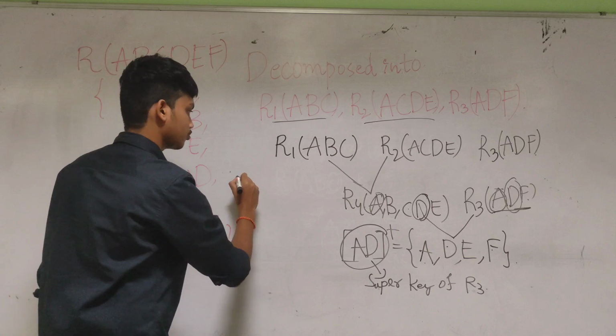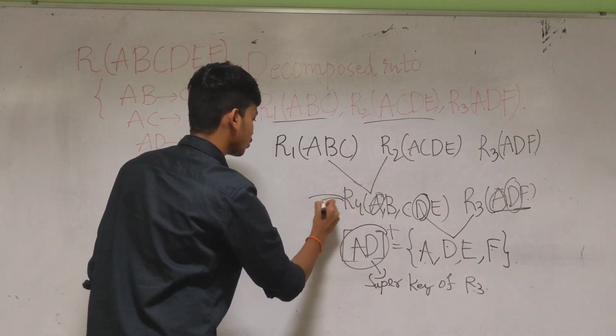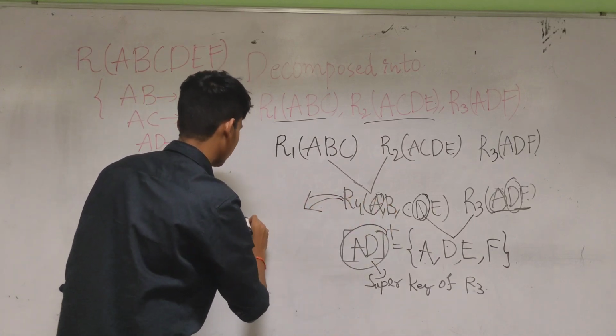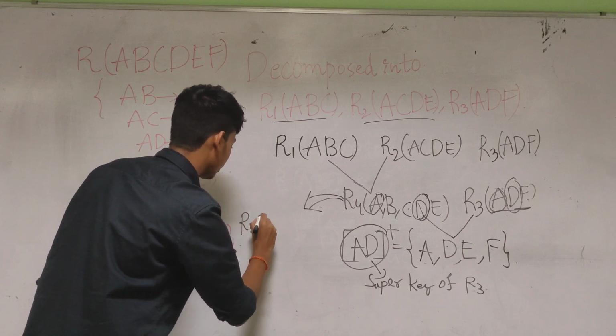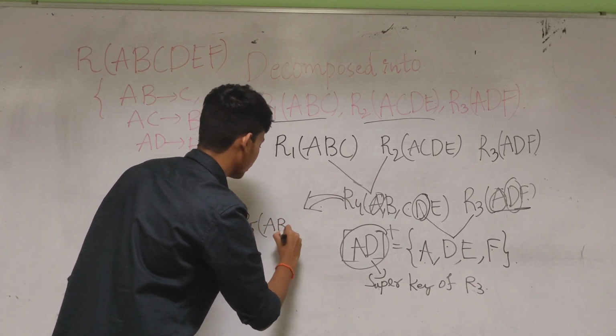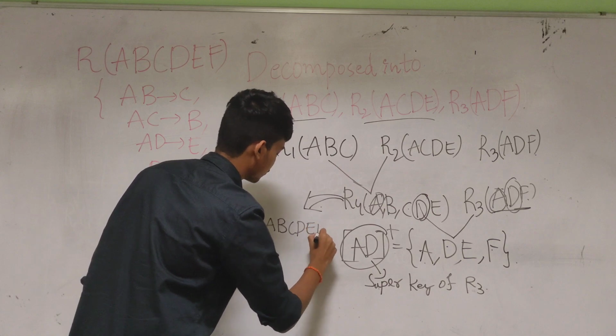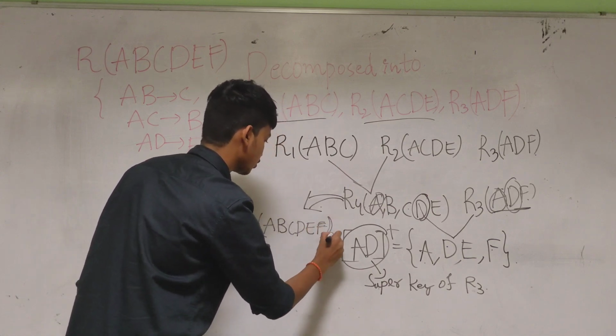Now the combination of these two joins, I am naming it R5. R5 will be A, B, C, D, E, F. We get all attributes.